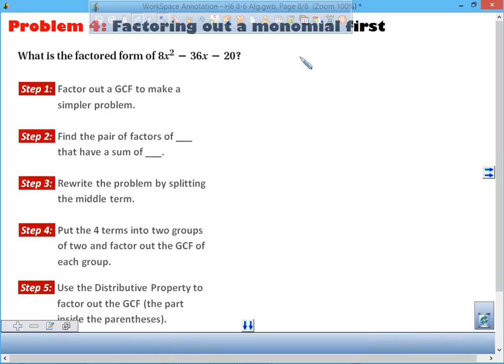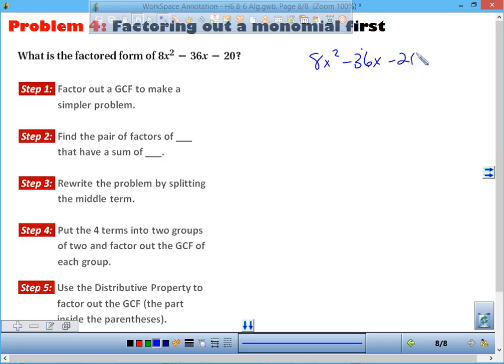Okay, the next one, 8x squared minus 36x minus 20. Now look at here, it says step 1, factor out GCF. That really is always our first step, to see if we have a GCF that I can factor out right away.